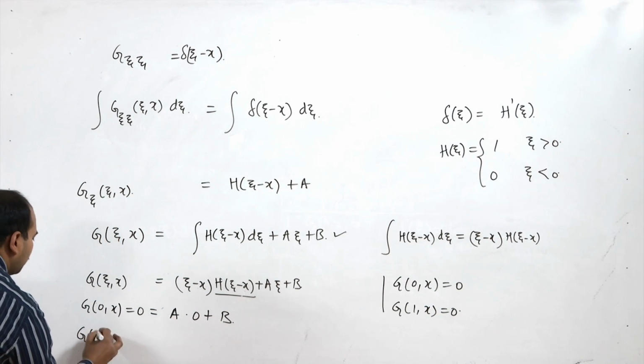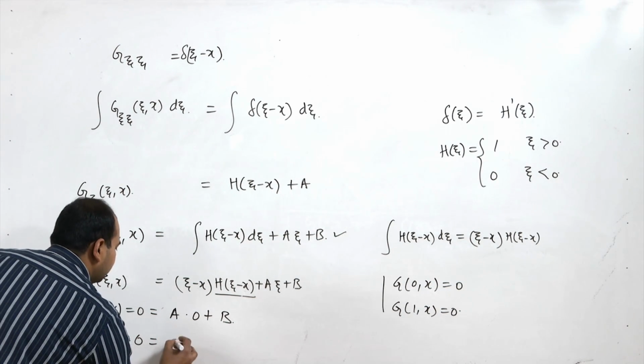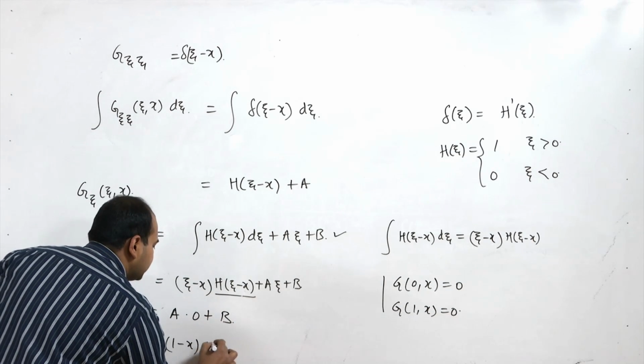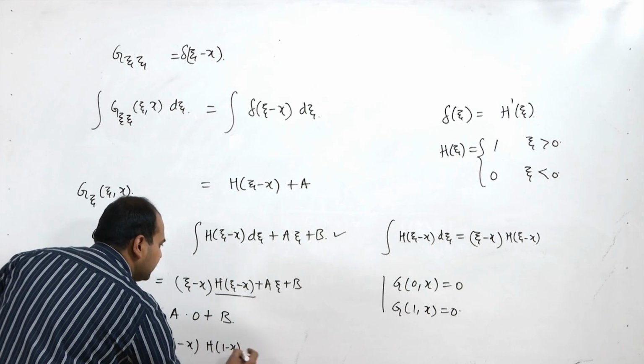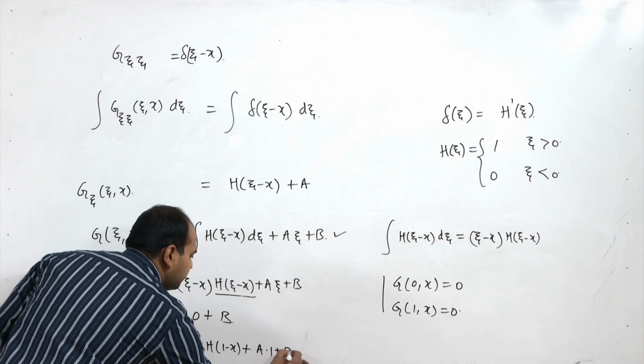Similarly g(1, x) is 0, and here we can write (1 − x)H(1 − x) plus a into 1 plus b.